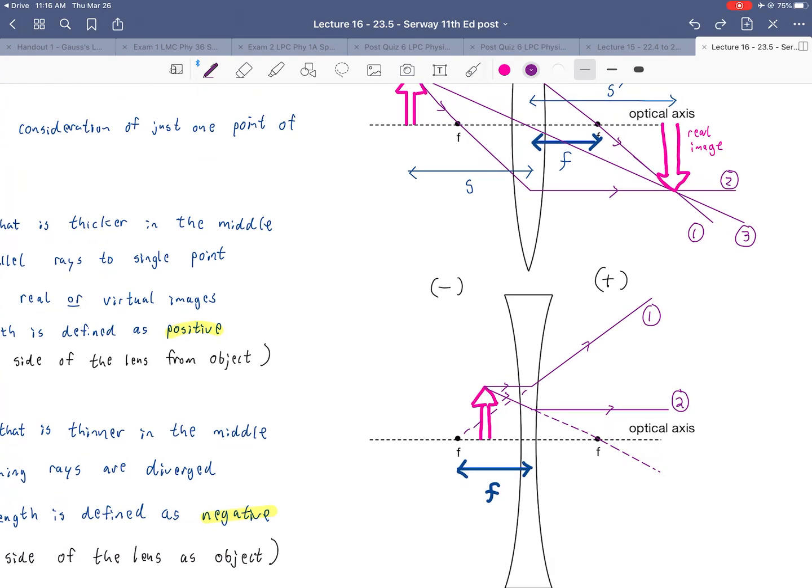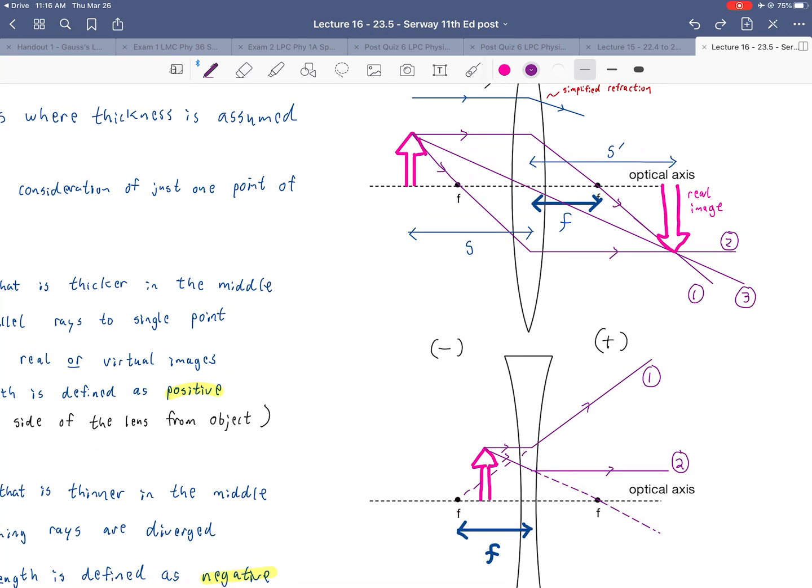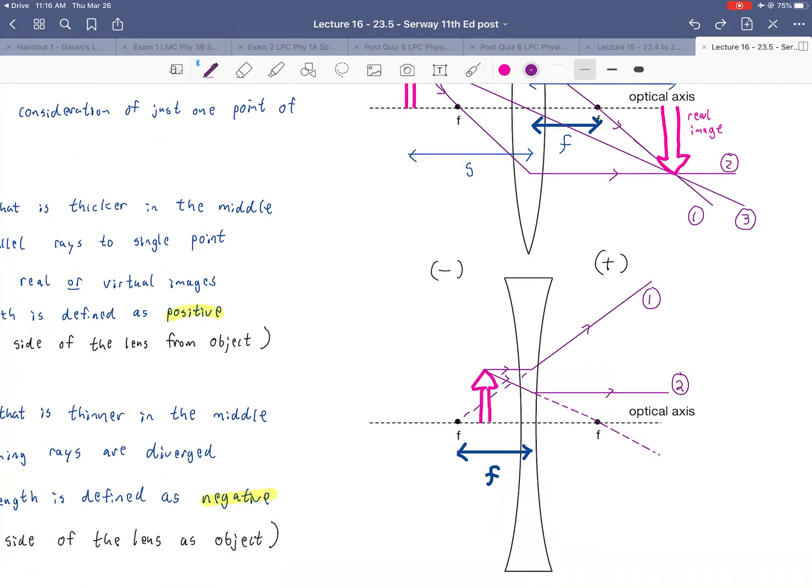The one that passes through the opposite focal point is this one right here. So you can see that we're following the same rules, even though the effect ends up being different, because the sides of the lens that are defined as the actual focal point and the secondary focal point are opposite for the 2 types of lenses.